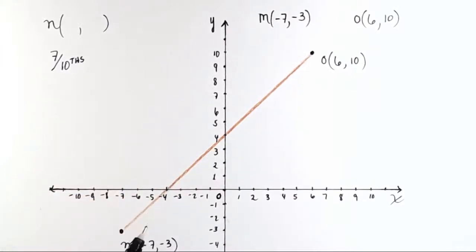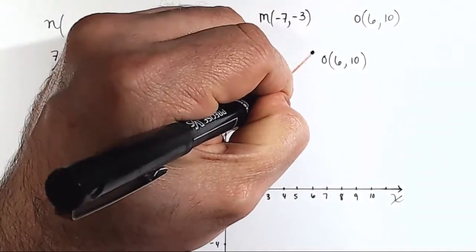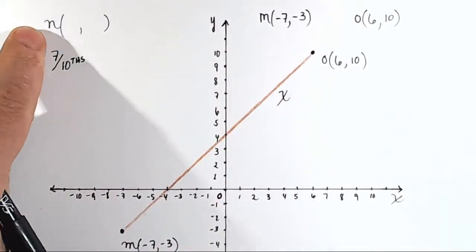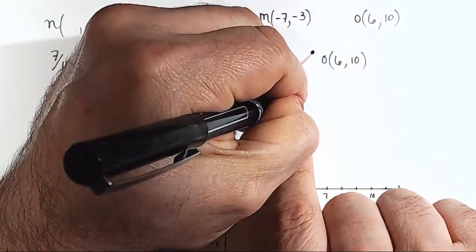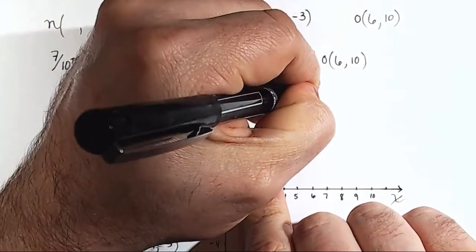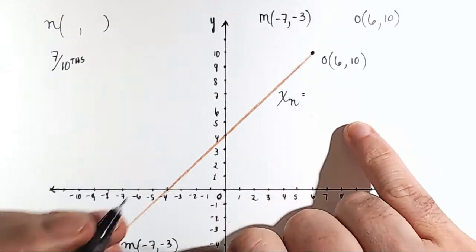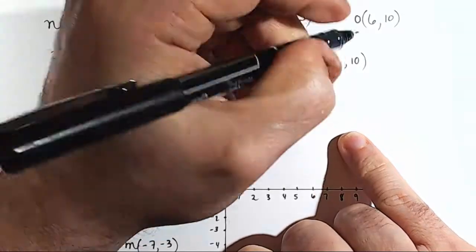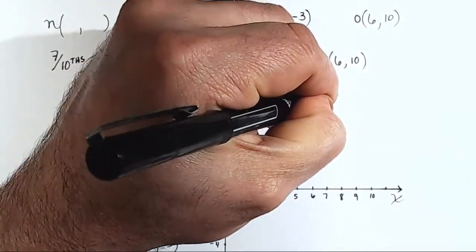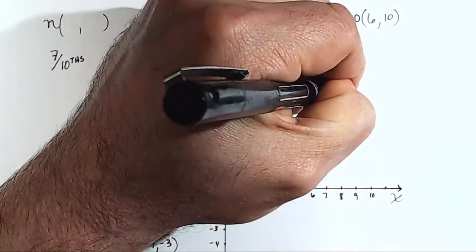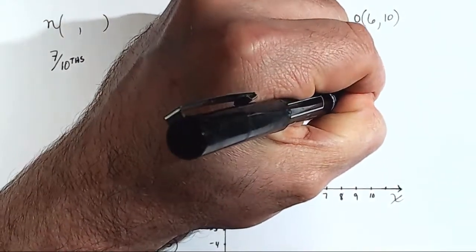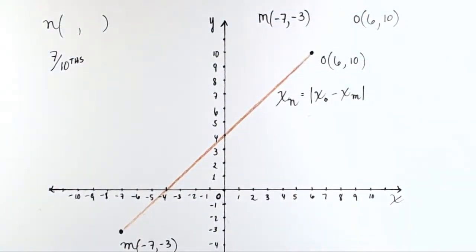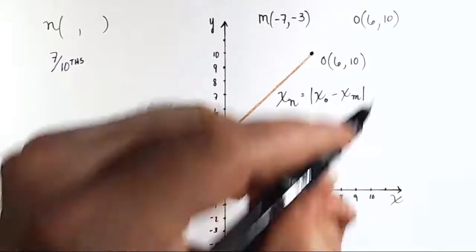Well, I might run out of space here, but the x piece of this, so x sub n, will be located by finding the absolute difference between x sub O and x sub M. Right, because we're taking the absolute difference, it doesn't so much matter which comes first here. So let's see.